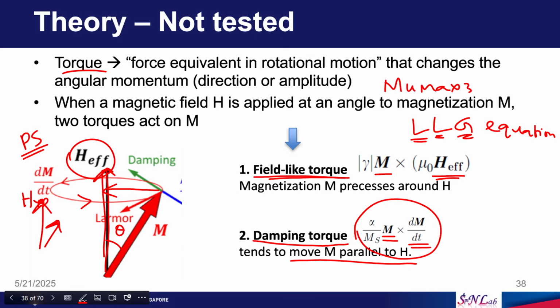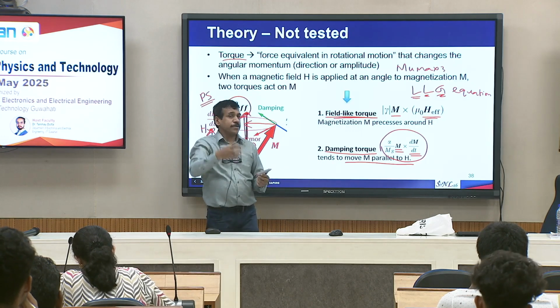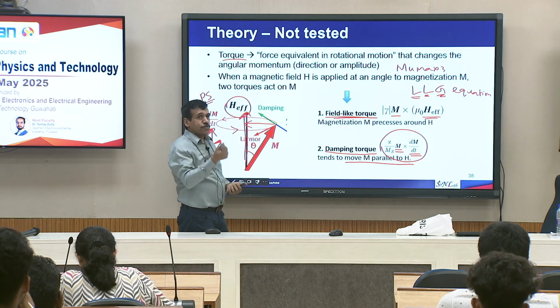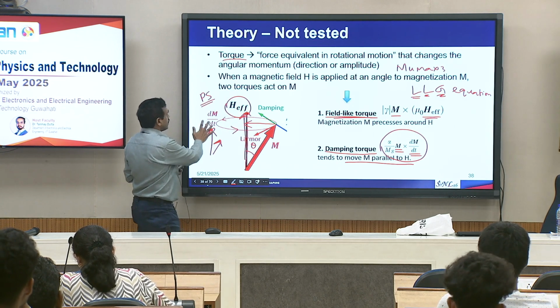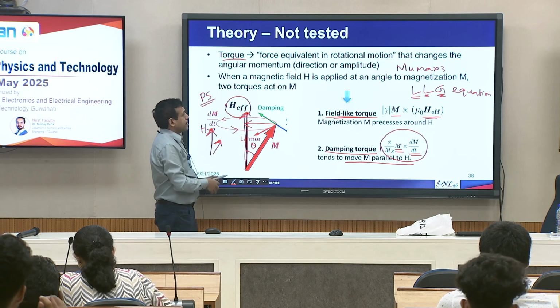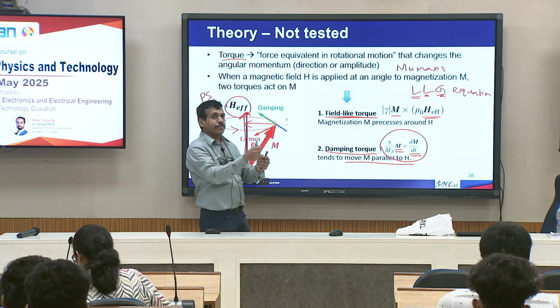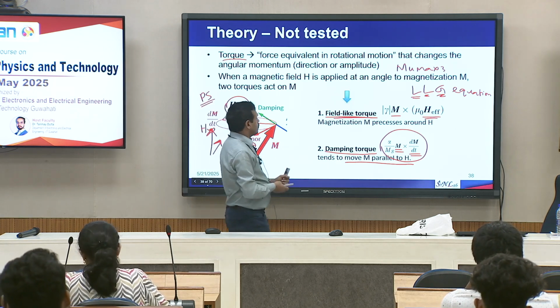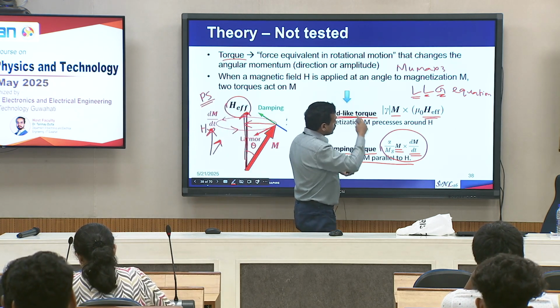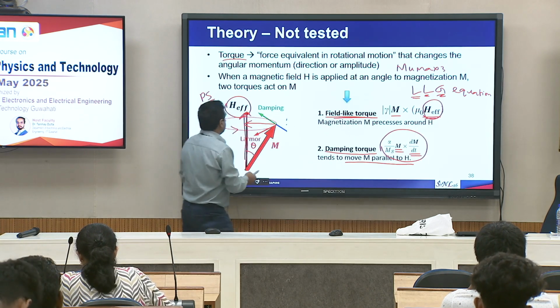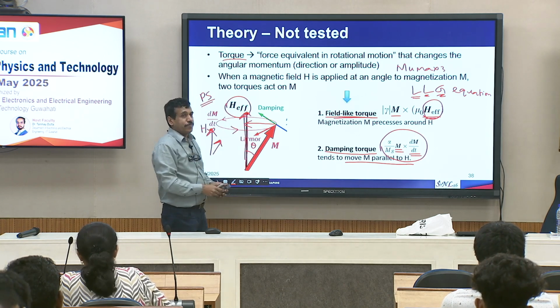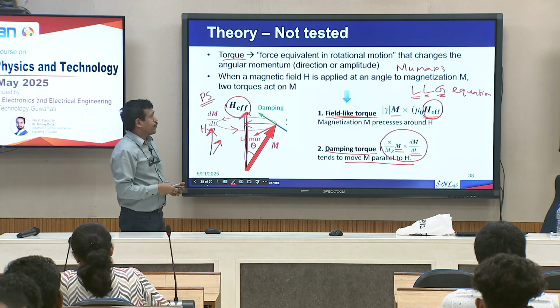You can say that this applied field will do the same thing as what is shown here, but in a system there may be many other sources of a magnetic field. So, it need not come only from the magnetic field that you apply. There can be, say, magnetic field from the neighboring atomic moments and so on. So, this effective field is the field seen by this particular magnetization. It can be coming from any other source.